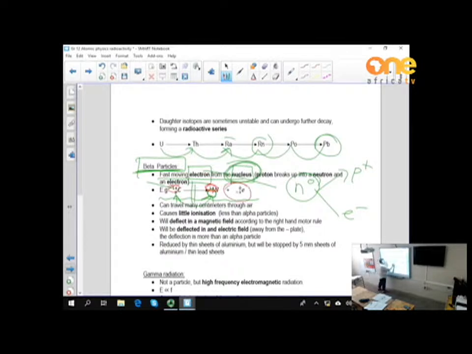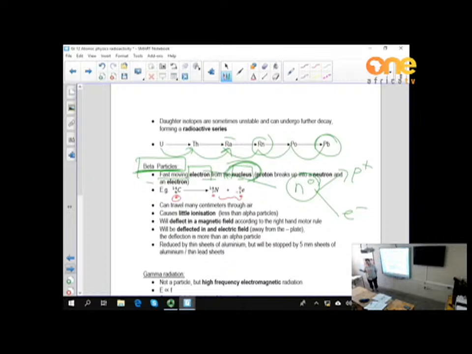Here is the electron that is released from the nucleus. An electron has a charge of -1. So if we have a look over here at the overall charges, 6, we end up with 7 there, -1 is 6. Okay?